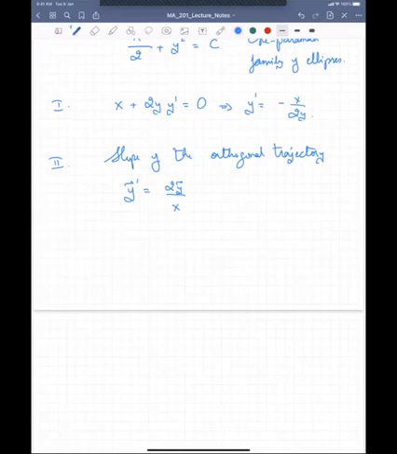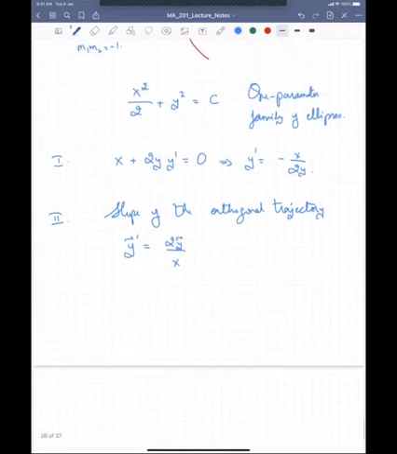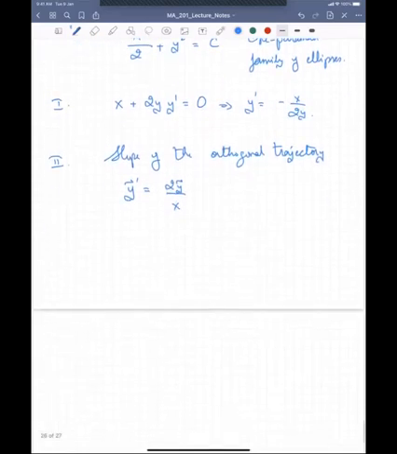So I can simply guess what the slope is by appealing to this familiar result from calculus, and then I can solve this differential equation by integrating to get the family of curves.